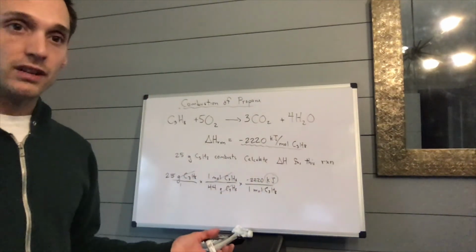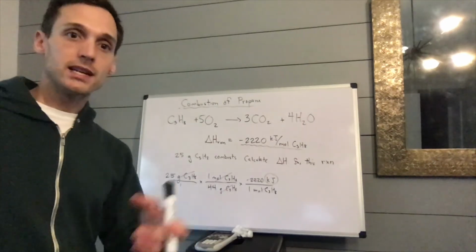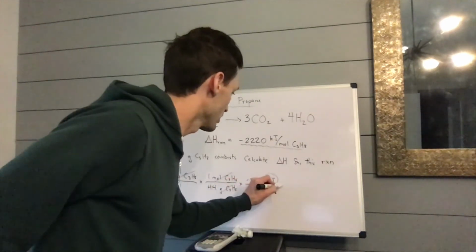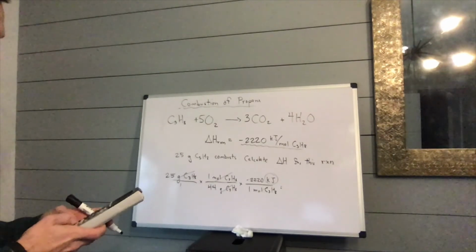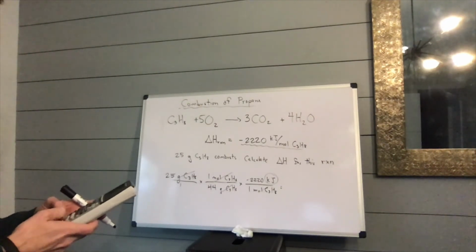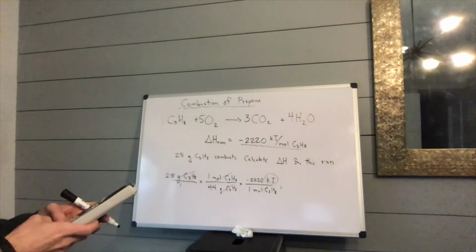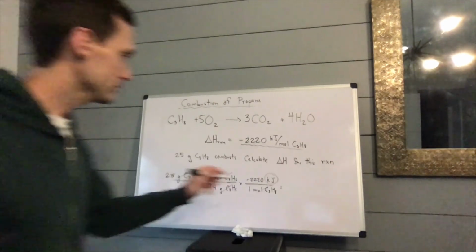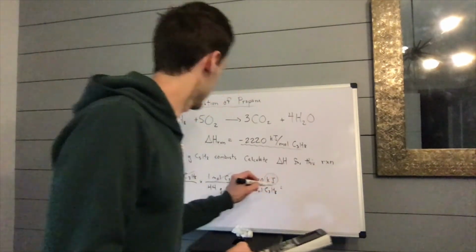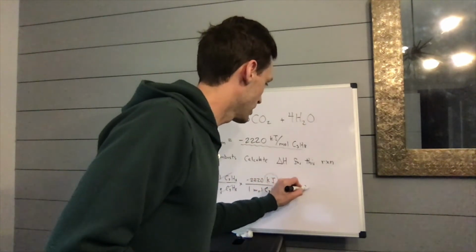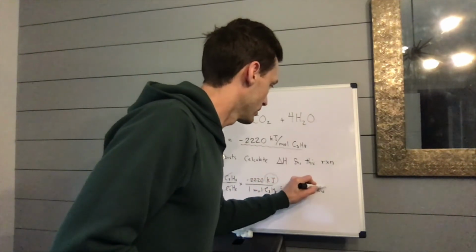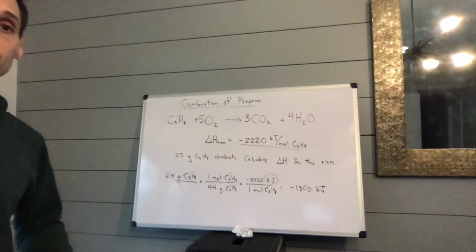Kilojoules is our unit of heat. Heat is delta H. So we can stop right there and calculate it. So it'll be 25 divided by 44 times negative 2220. And we get, let's see, we want 2 sig figs. So negative 1,300 kilojoules would be our answer.